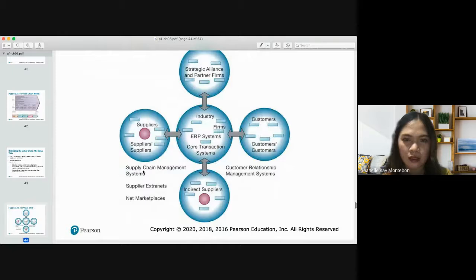And we can see that it is a network system of the value chains of business partners like suppliers, customers, and strategic alliance and partner firms within the same industry, for them to respond rapidly to changes in supply and demand.